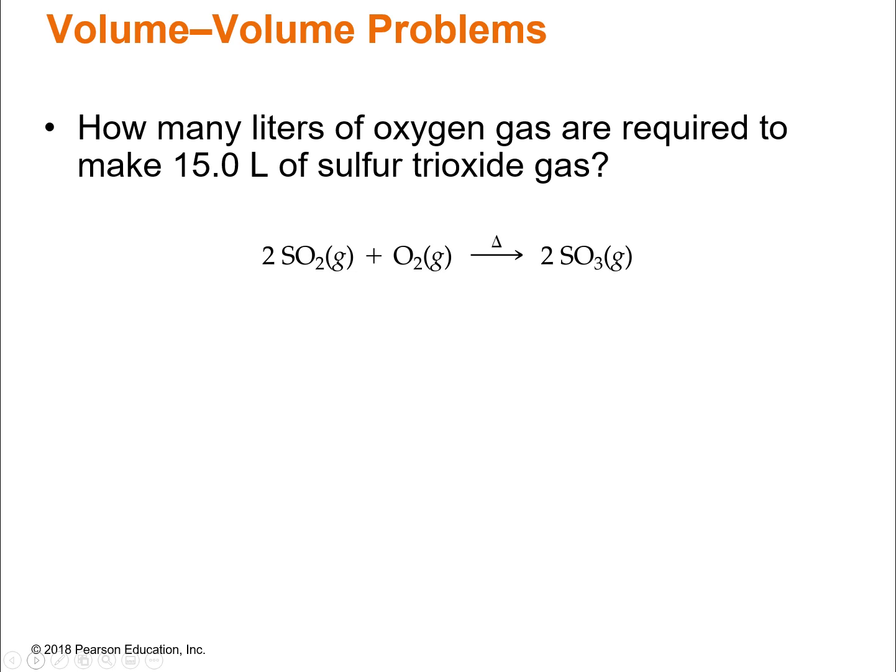Here we go. This time I let you completely set up the problem, so we're going to start by reading and setting up the question. Then we'll write our ratios. How many liters of oxygen gas are required to make 15 liters of sulfur trioxide gas?